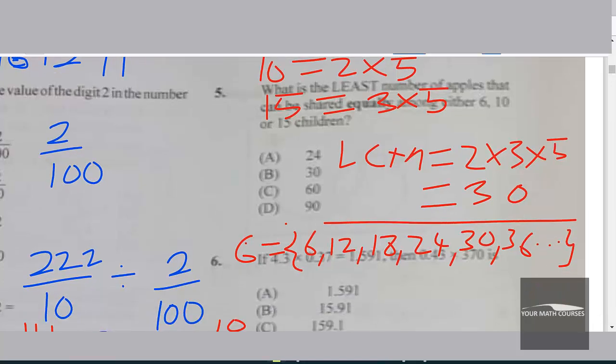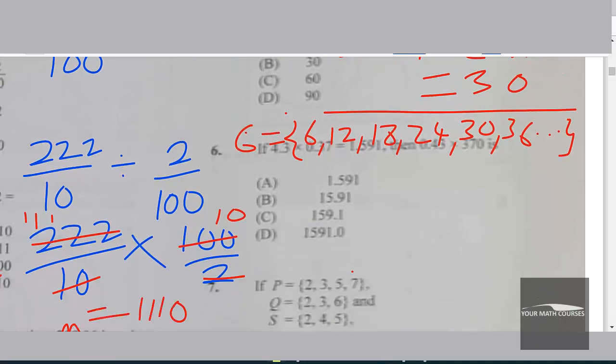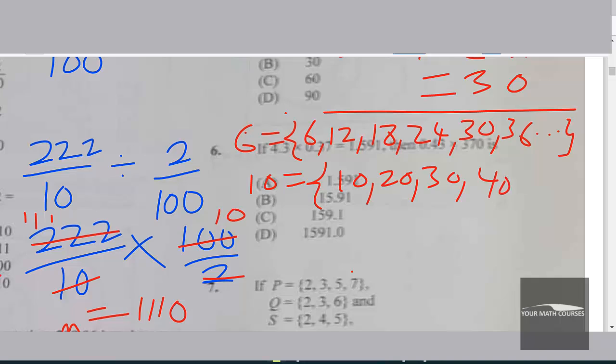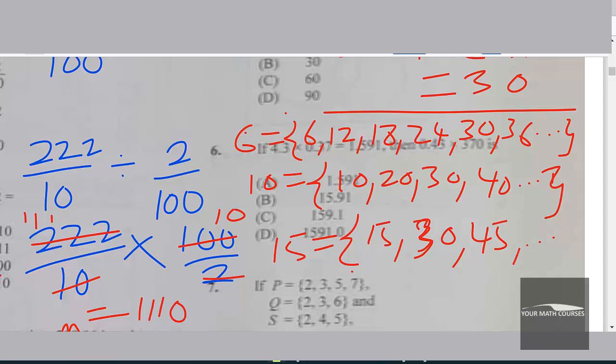Then you could also list the multiples of 10, which are 10, 20, 30, 40, and so on. Then we could also list the multiples of 15, which are 15, 30, then we have 45, and so on.